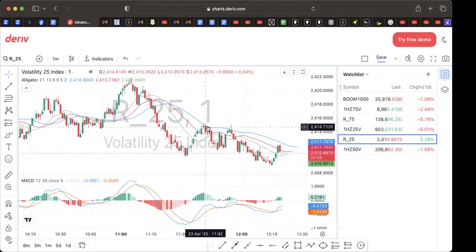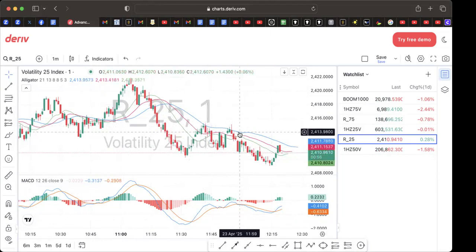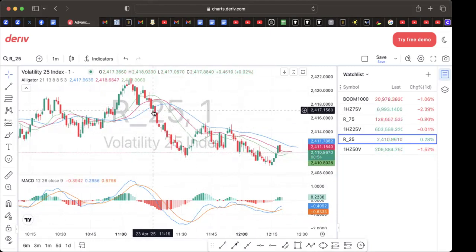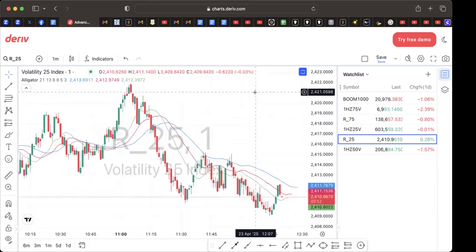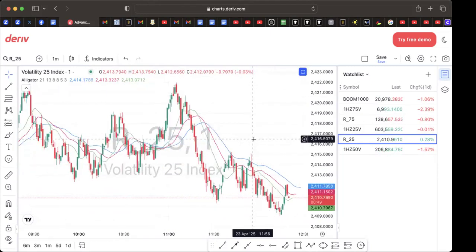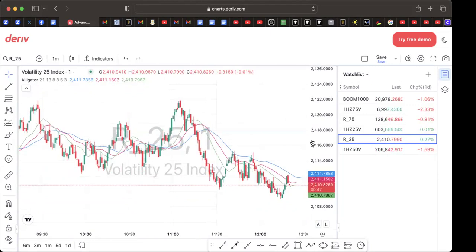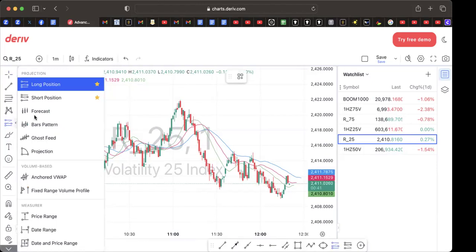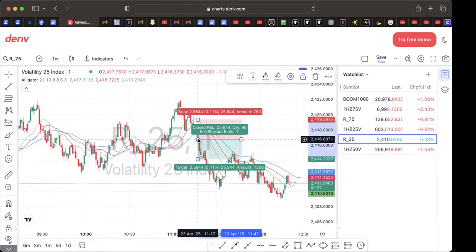So look at it, market reach. This is a rejection, this is a rejection. But there's someone who has sold here. You get it now? This is the first candle close. So after the candle close, somebody had entered a short, but of course it must have been a trade you are following.